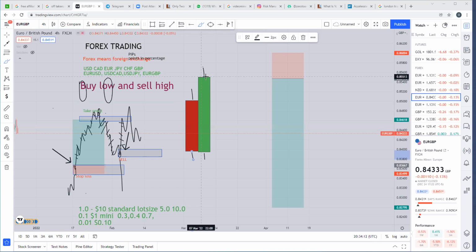Then a new candle might form somewhere around there, and then it goes up.